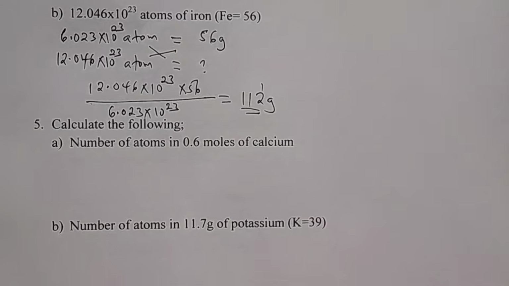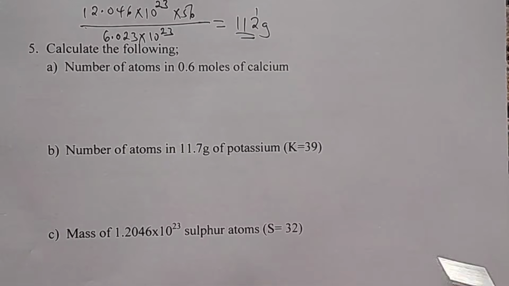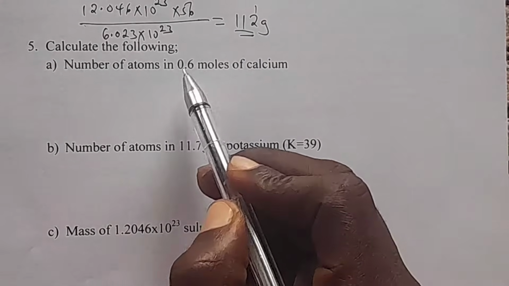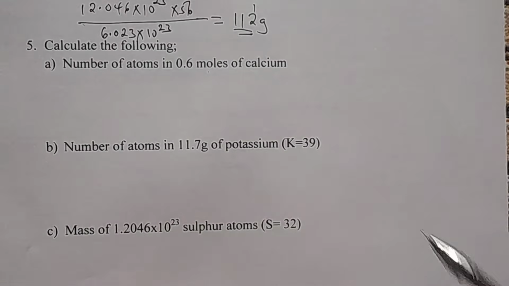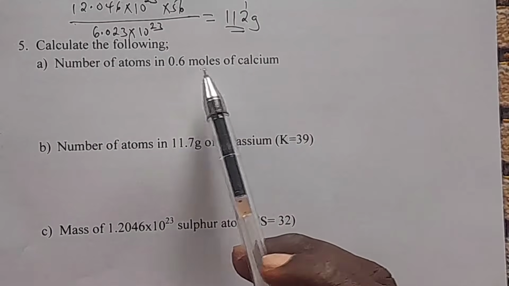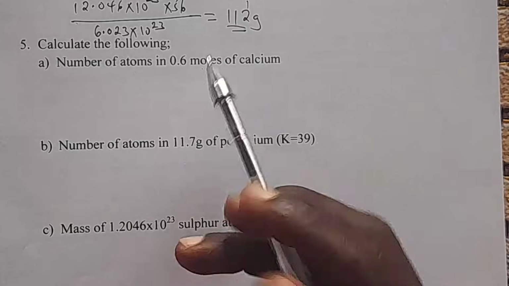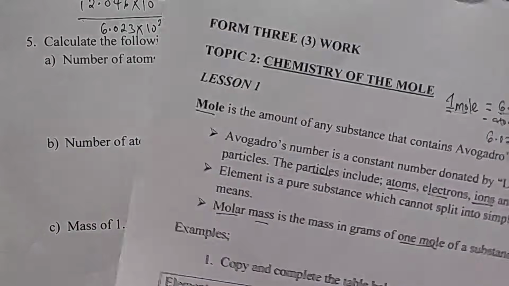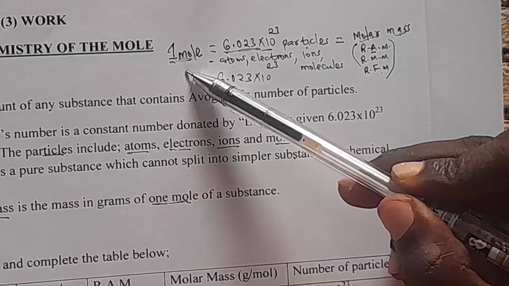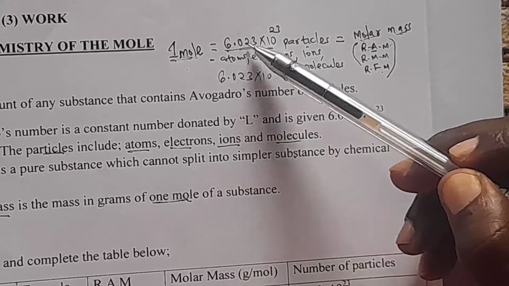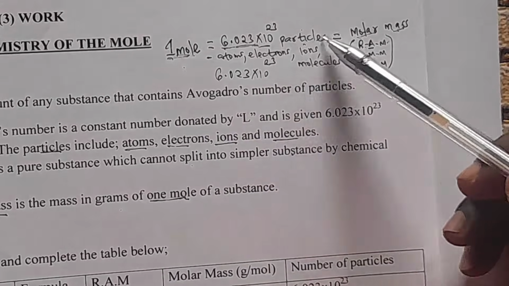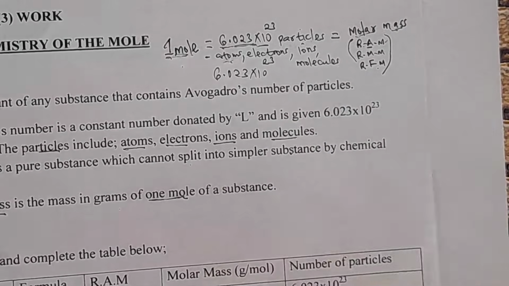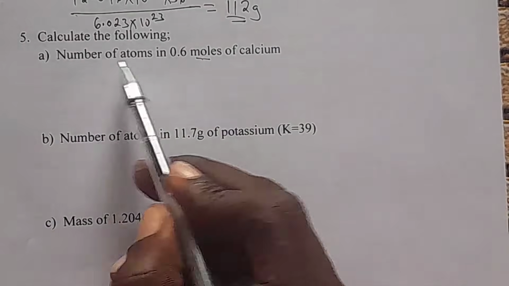Number 5, we are told to calculate the following. We are told the number of atoms in 0.6 gram of calcium. So here what we are relating is number of atoms with moles. What have we said about that in the formula? The formula we had here: 1 mole is equal to 6.023 times 10 power 23 number of particles, which include atoms. So here we are told number of atoms.